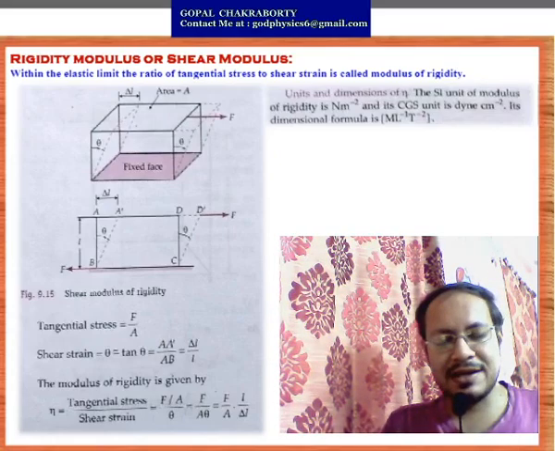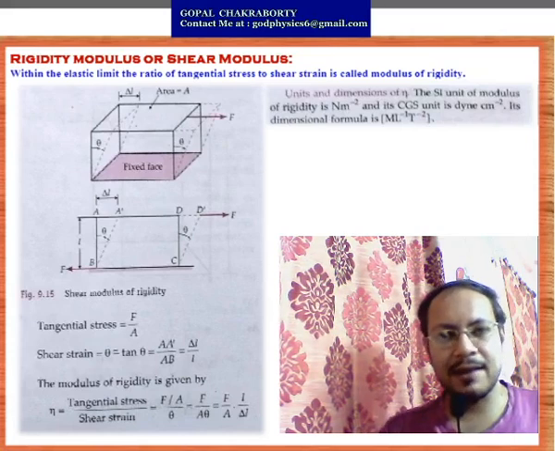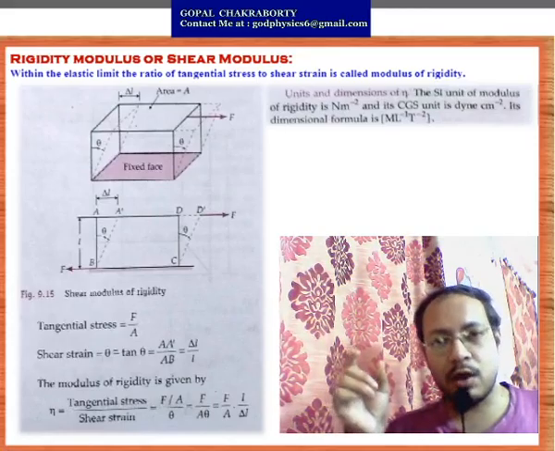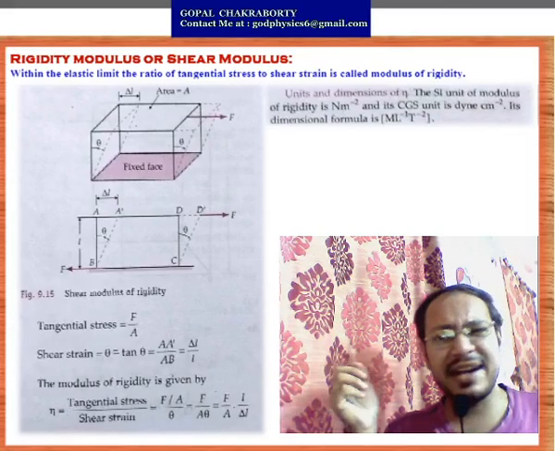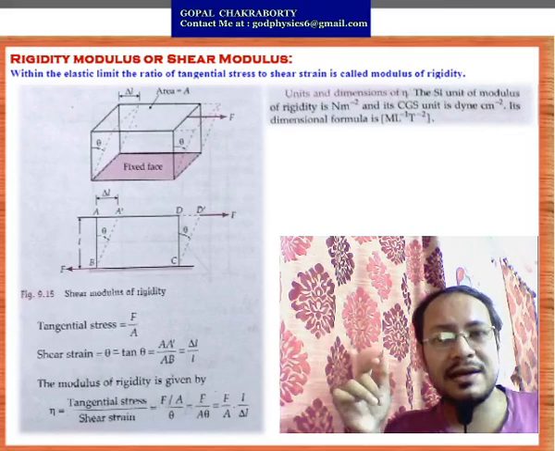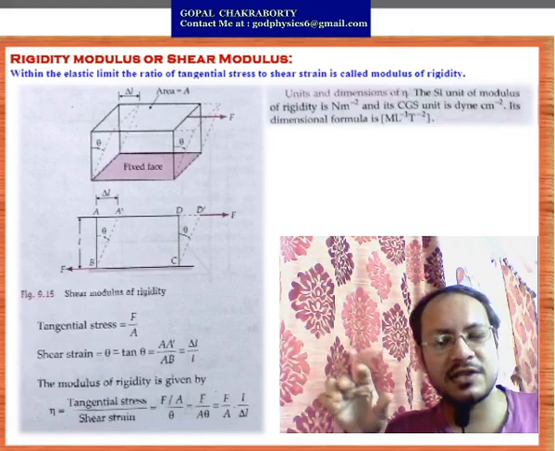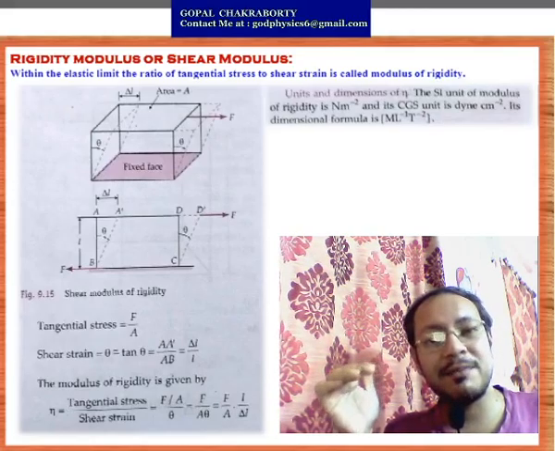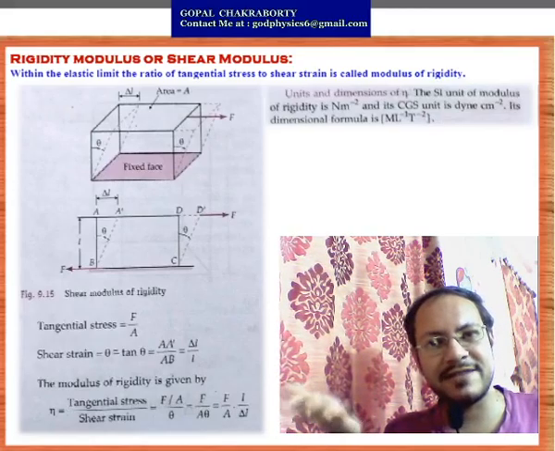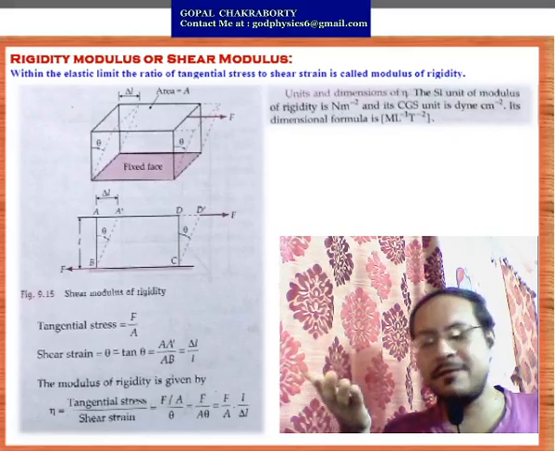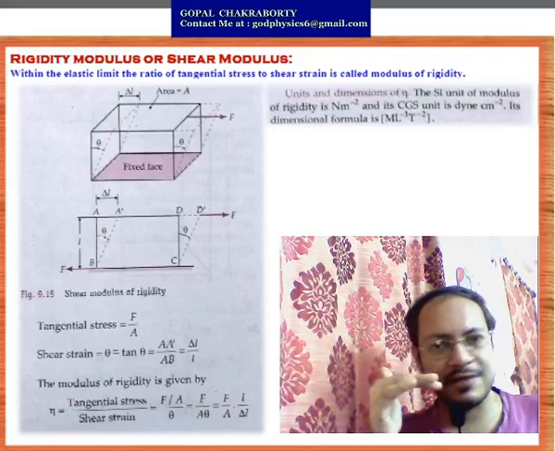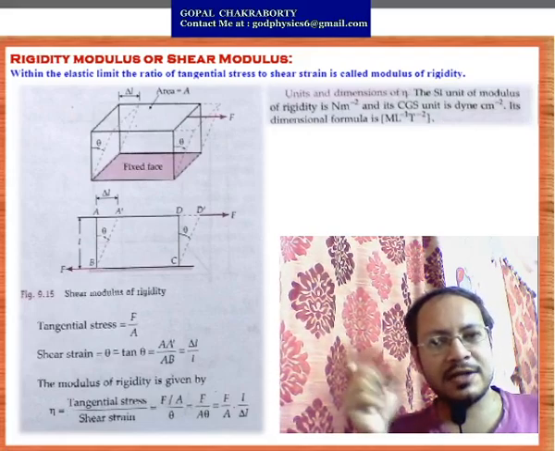As I have shown in the diagram, we consider a square block, it may be rectangular also. The area of cross section is A, and we apply a force on the upper surface. The lower surface is kept fixed, so the upper surface tries to move in the positive x direction. Now what is that change in angle?